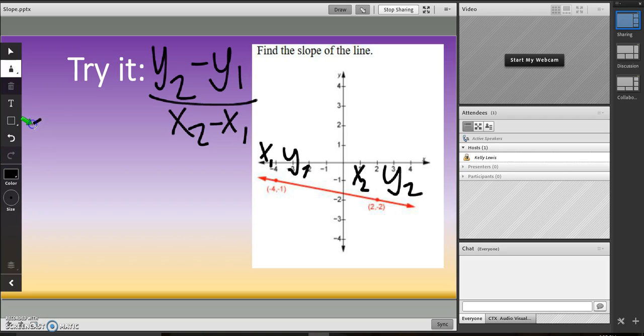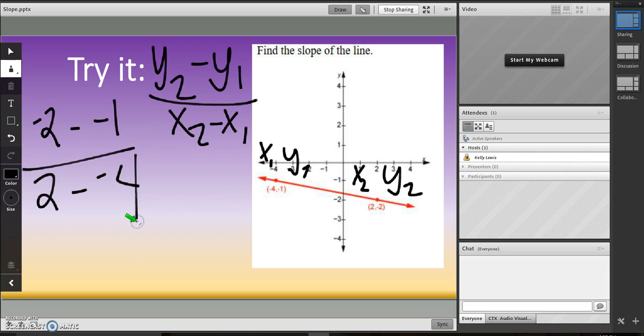So y2 is negative 2, minus sign, y1 is negative 1. x2 is 2, x1 is negative 4. Minus a negative is the same as plus a positive. So negative 2 plus 1 is negative 1. 2 plus 4 is 6. So our answer is negative 1/6, and that's the slope.